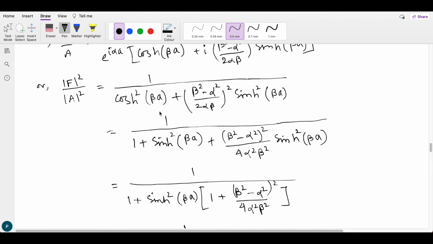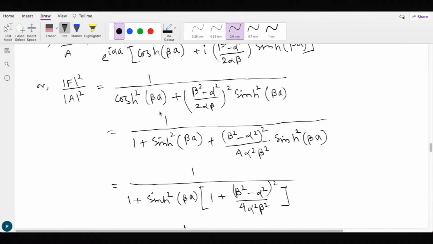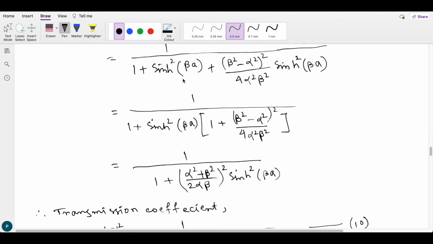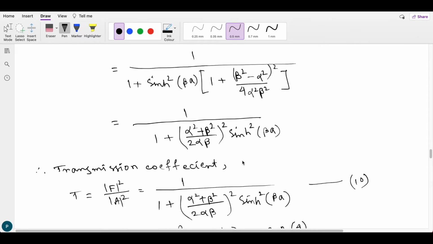Now we know that cos h square theta minus sin h square theta equals 1. So I have written 1 plus sin h square beta a instead of cos h square beta a, and I have taken sin h square beta a as common, and we are left with 1 plus (beta square minus alpha square) whole square by 4 alpha square beta square inside the bracket. Now we know that (a square minus b square) whole square plus 4a square b square equals (a square plus b square) whole square.